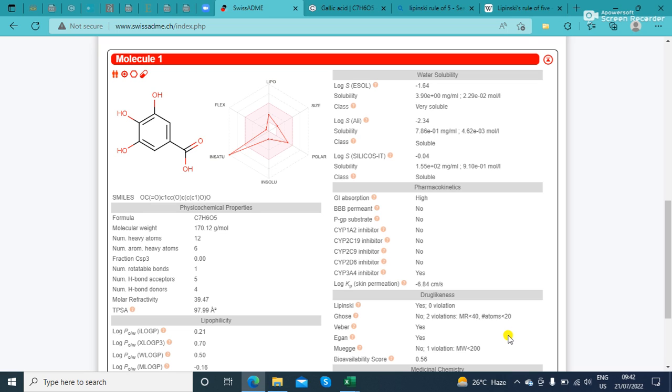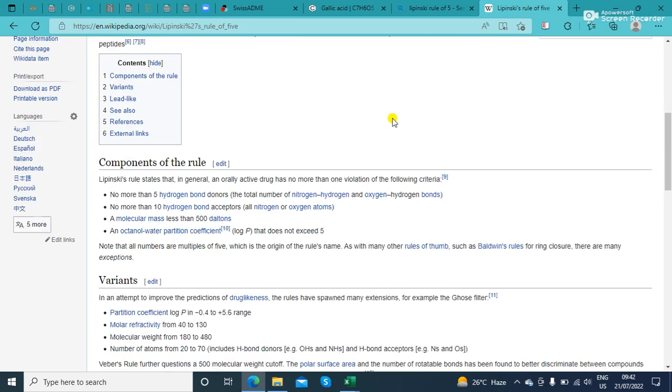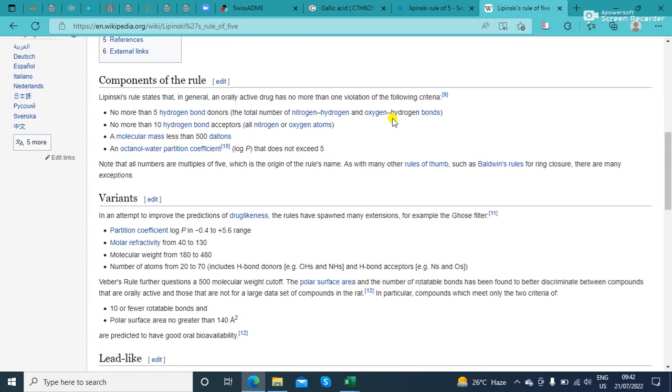But we will be using that rule because it's still being used. And so what is it saying? We just look on the net, and we will find it here. Components of the Lipinski's rule of five.